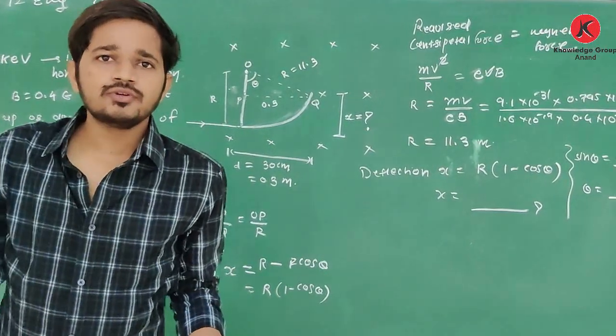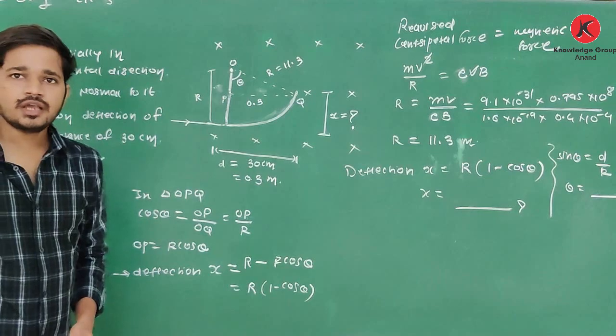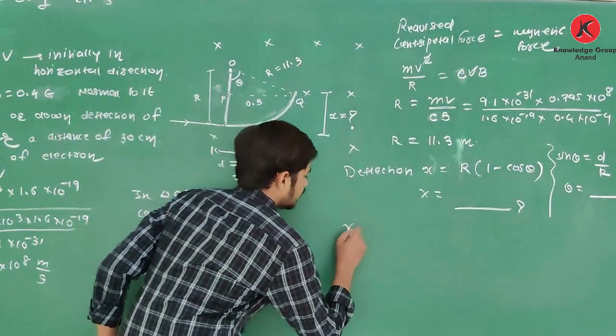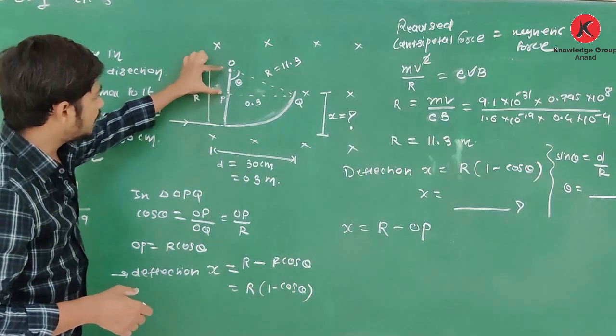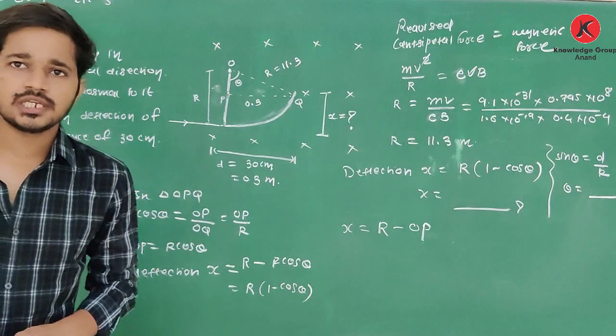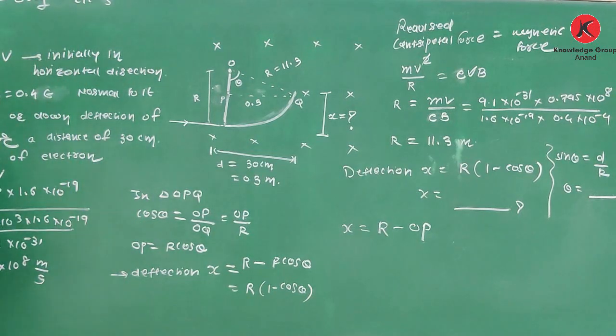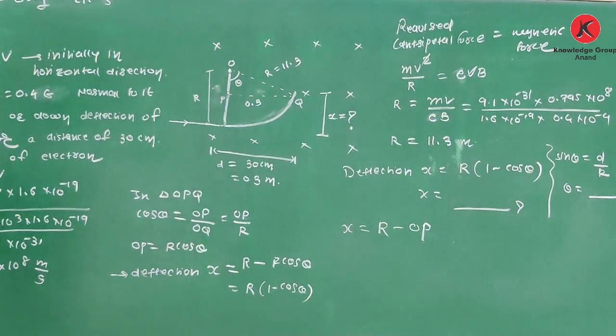Whatever method you like, you can easily find. Here, how to find x? x is equal to R minus OP. OP you can find with the help of Pythagoras. Clear about this? So it is one simple question which is based on motion of a charged particle in a uniform magnetic field.